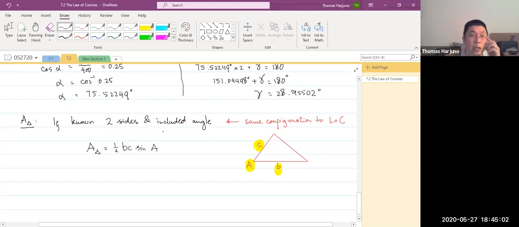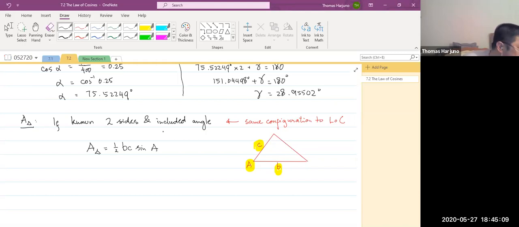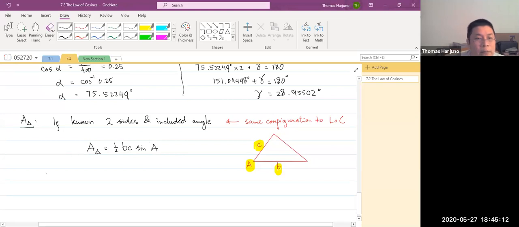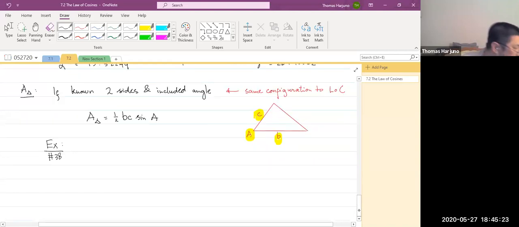Okay, see what I did in 7.1. So suppose for example I have number 38. Angle gamma is 45 degrees. Side B is 10. And then side A is 15.